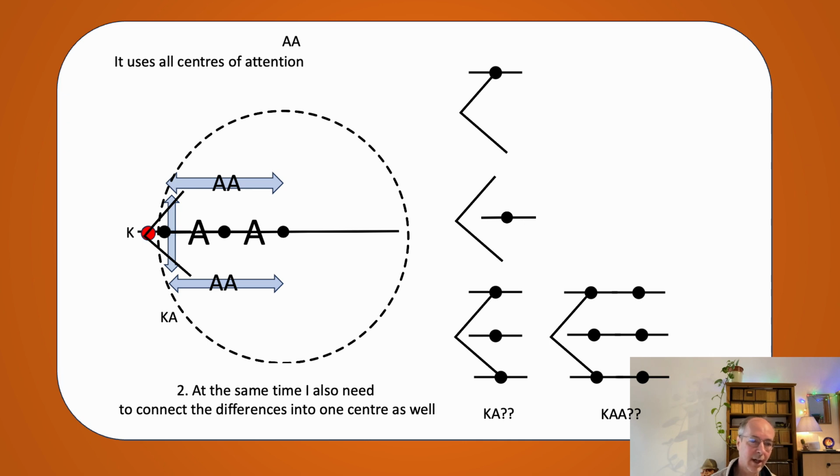So the K is the question. K with double A will also deal with the answer. So we here connect the differences in one center alone, and that's the K with double A. That's how we have to interpret it and deal with all the elements of K, A and another A. So that's the only way to do it correctly.